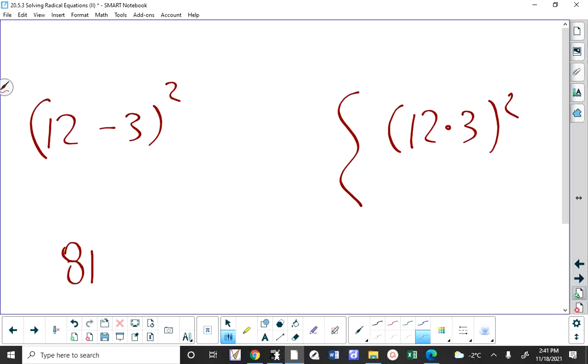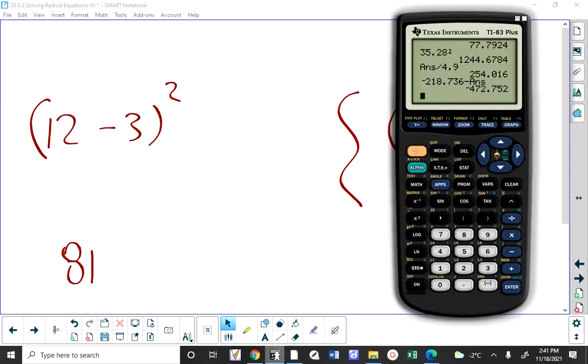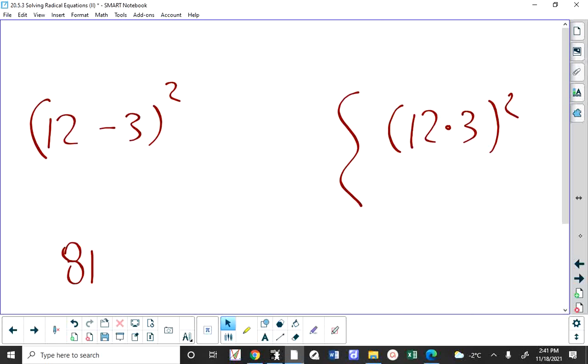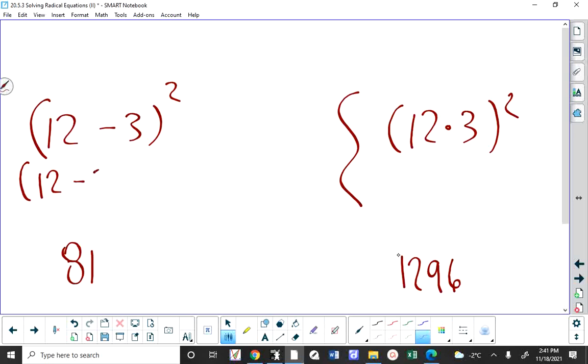On the other hand, 12 times 3 is 36. And 36 squared is some number that I don't know, but it's 1296. So we know that if we do this algebraically, we have to get 1296. What does squared mean? It means you take the thing and multiply it by itself, right?